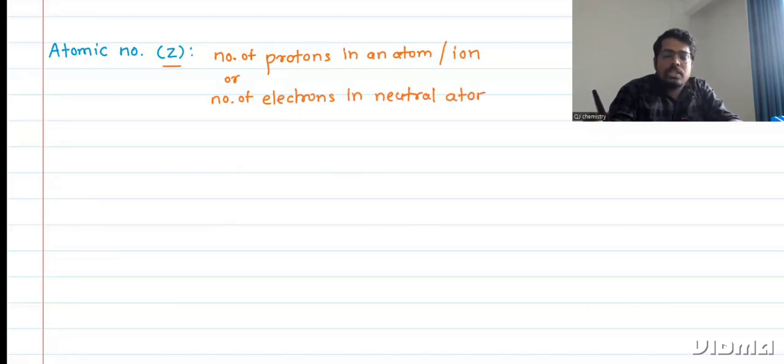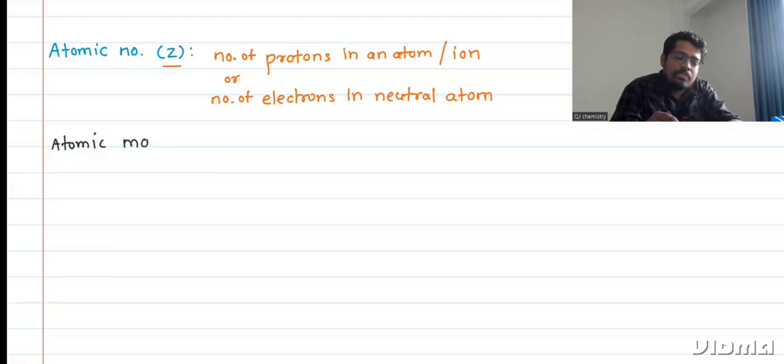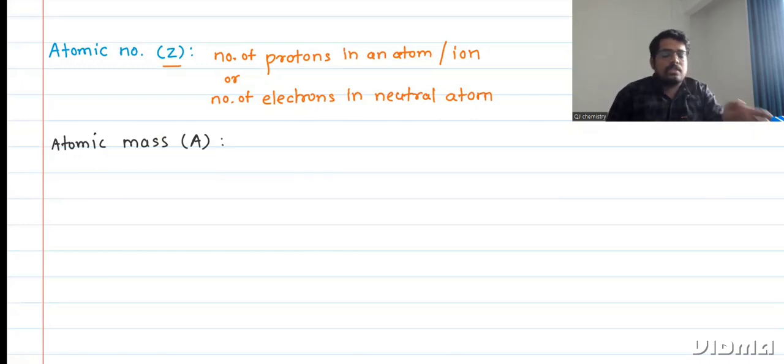The next terminology is atomic mass, which is denoted by capital letter A. Atomic mass is the sum of the number of neutrons plus protons, combinedly known as atomic mass, or it is also known as the number of nucleons.